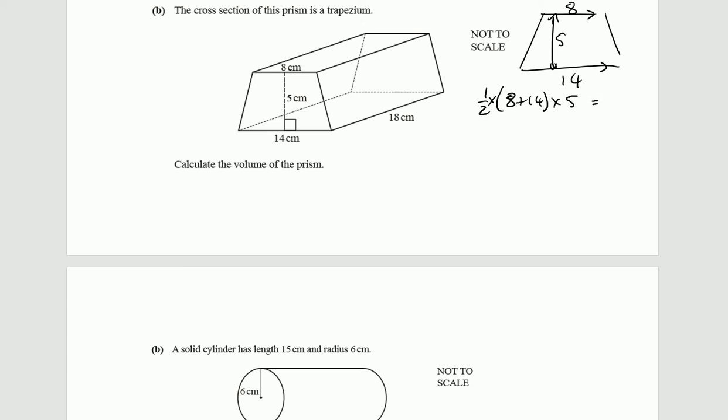That's going to get us 55 square centimeters if we do that. Then that's the area of my face, 55 square centimeters. I've now got to times that by the depth, got to times it by 18. So 55 times 18 will get me my final answer.